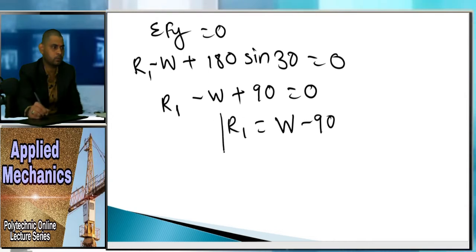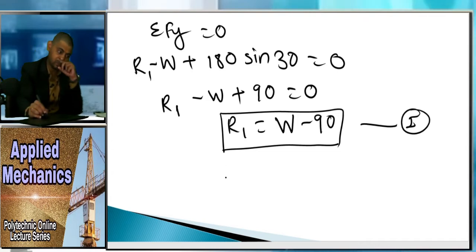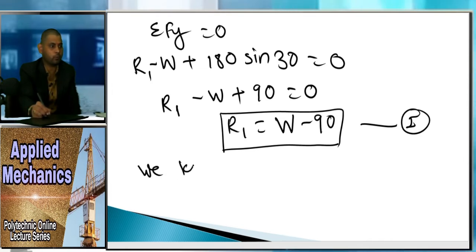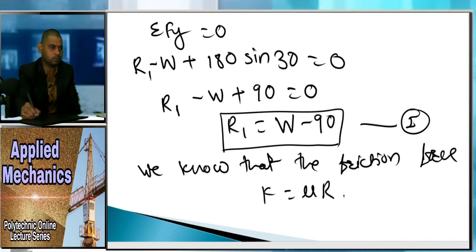So this is equation number 1, for the first case. Now we know the friction force F is equal to mu into R. So for the first case, F1 is equal to mu into R1.